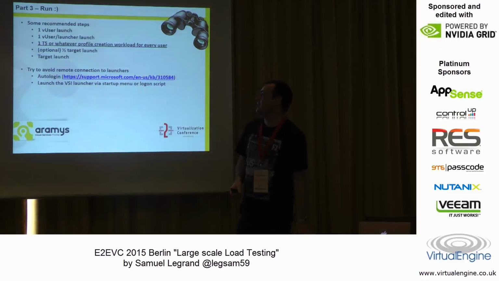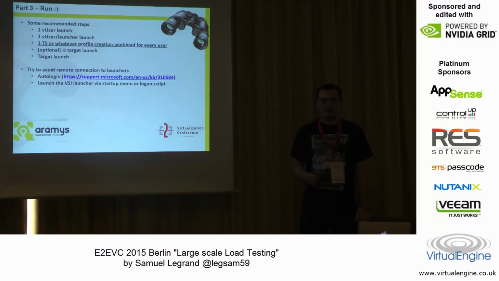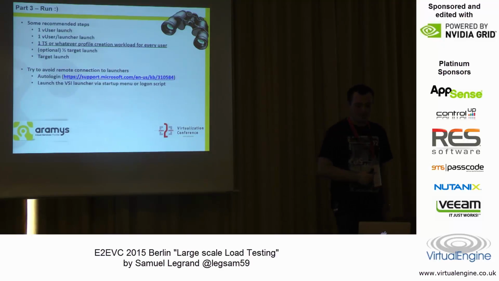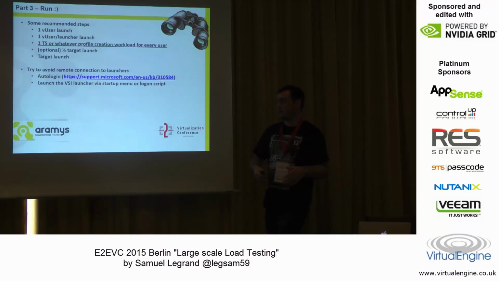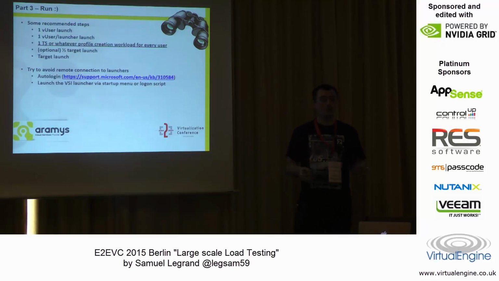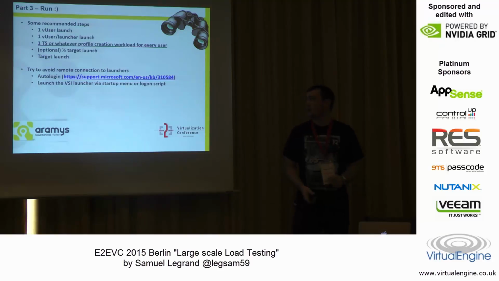So now we're running the test. There are some steps that are really recommended. The first one is a one vUser test. Just try the test on a web with one user. After that, you will have to test with one vUser per launcher in order to be sure that all launchers are working and performing well. After that, TS or whatever profile creation workload.